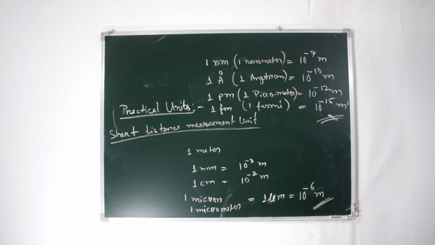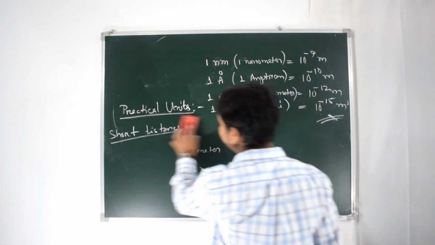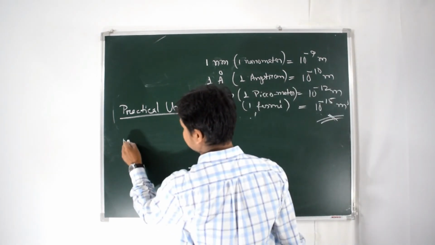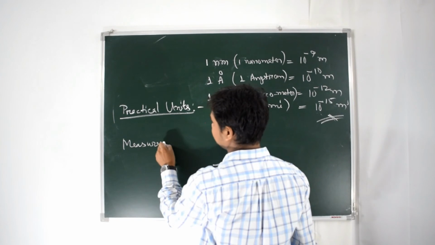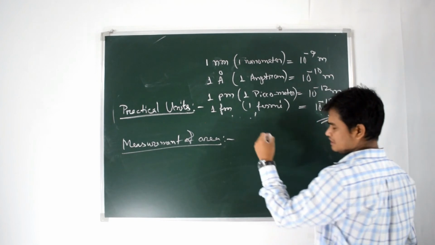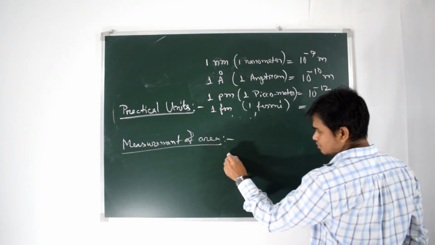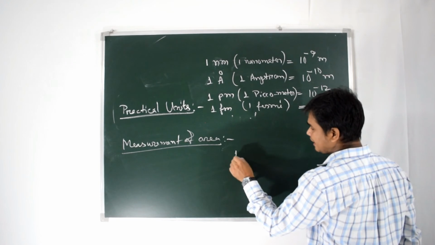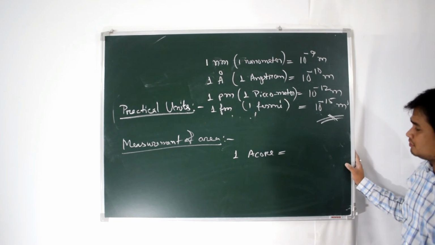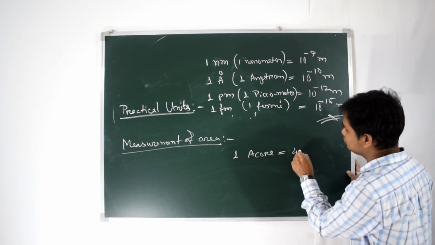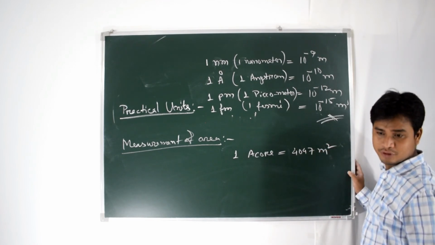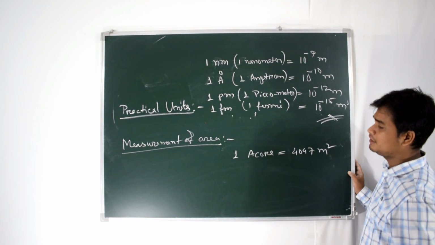After that, in measurement of area, generally we use in papers 1 acre. 1 acre is 4047 meter square.